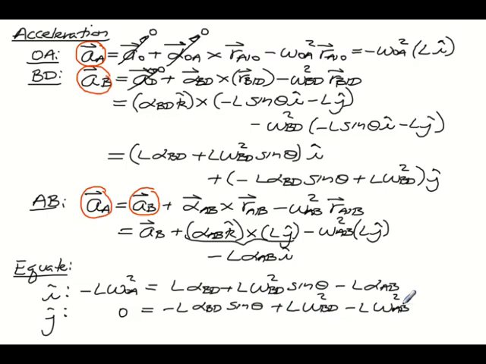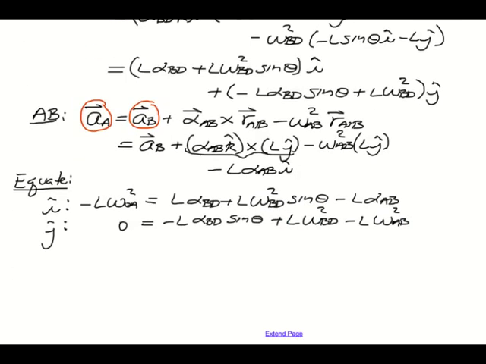Okay, so what I would suggest that we do, we've got these two equations, that you take this equation and solve for alpha BD. Once you know alpha BD, then you can take the first equation and solve for alpha AB.